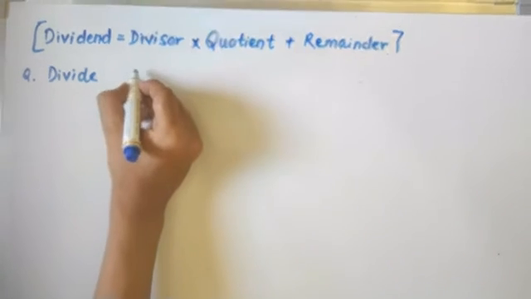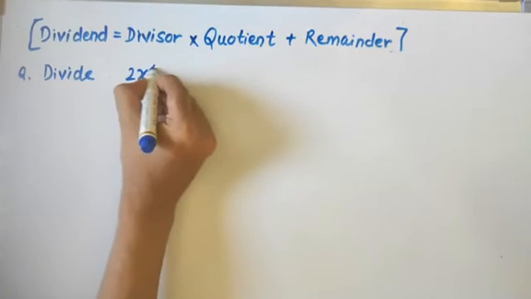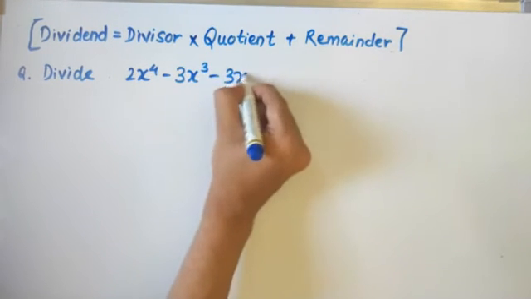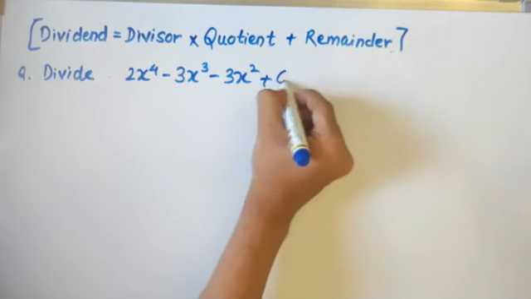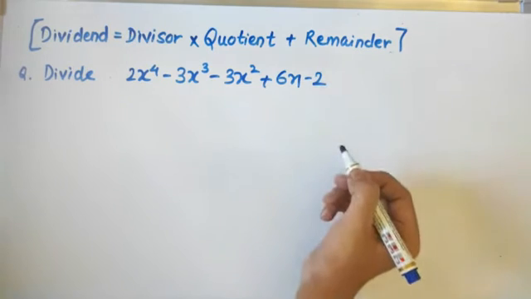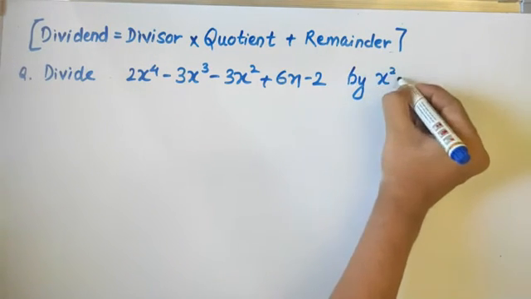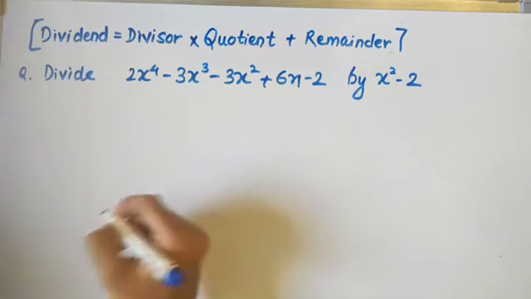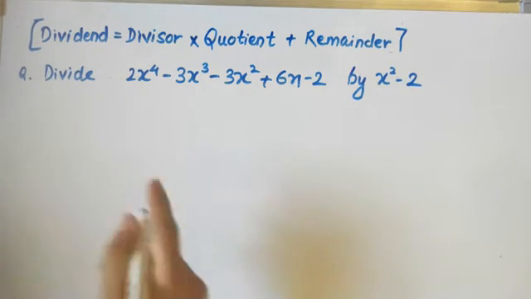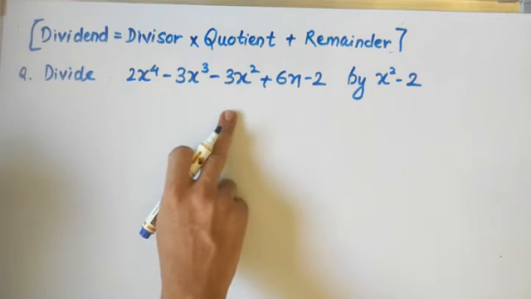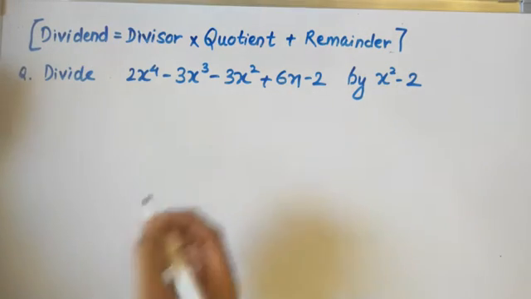The question is divide 2x power 4 minus 3x cube minus 3x square plus 6x minus 2 by x square minus 2. So if it divides completely and the remainder is 0, it is a factor of this.